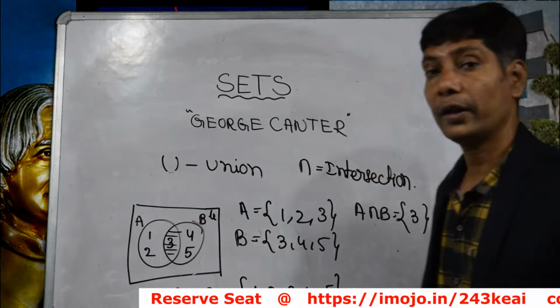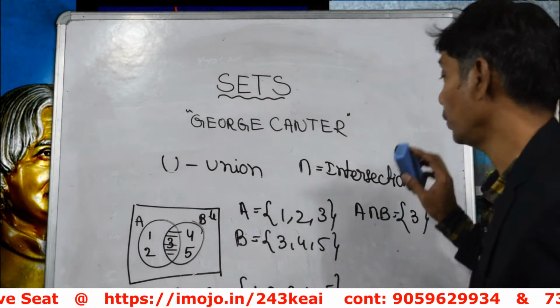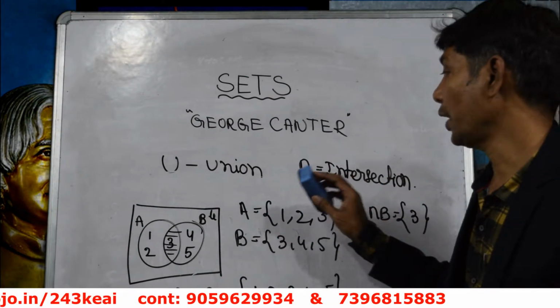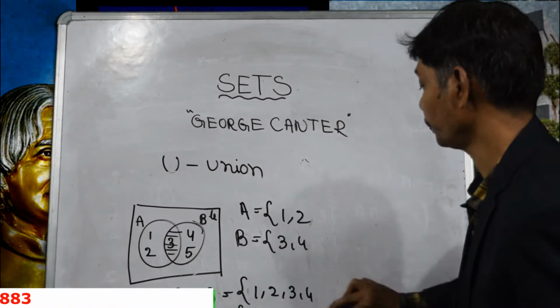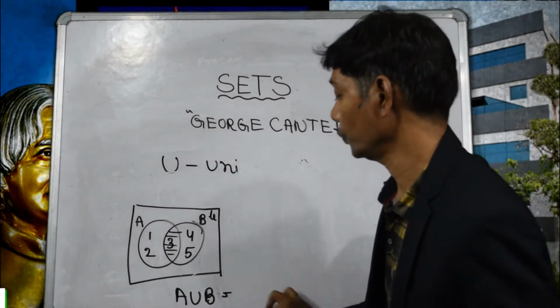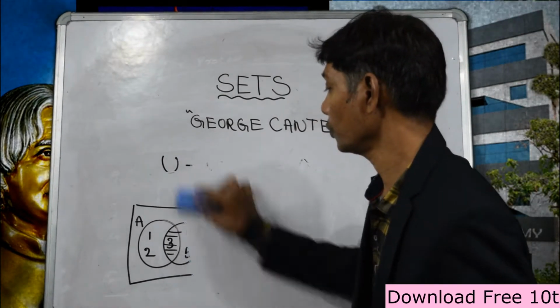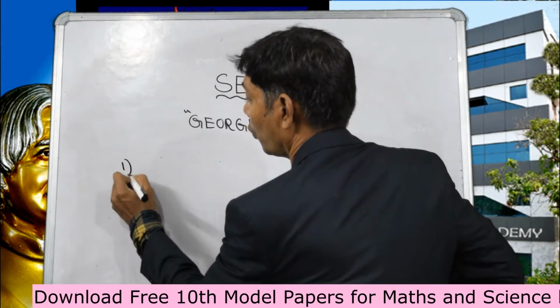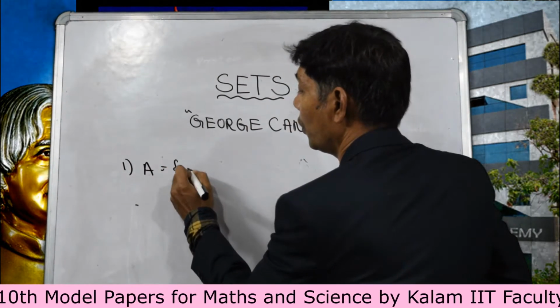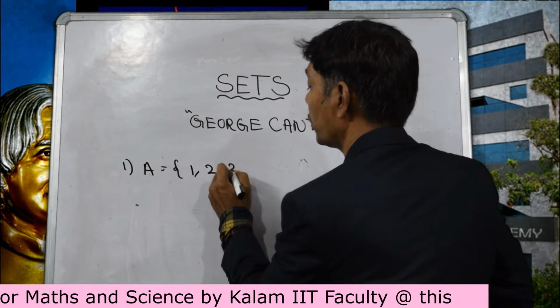Here, I will give you some brief discussion about union, intersection and empty sets. Let us take A equal to the set 1, 2, 3.